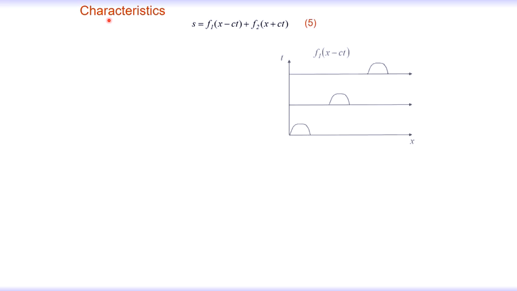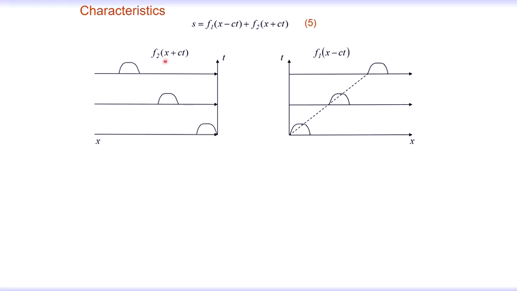This leads us onto the idea of characteristics. So there's our solution of the wave equation. If we plot x and t and we look at our character of the function, then we can line up any point on the function and we get this characteristic line running up in the xt diagram to the right.